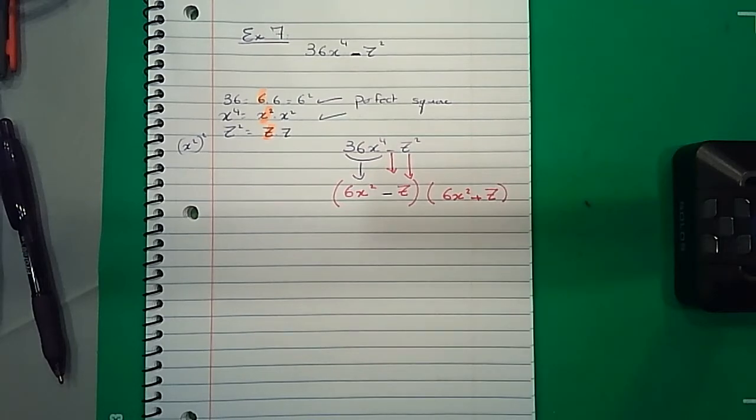And then this is going to be my answer: 6x squared minus z times 6x squared plus z.